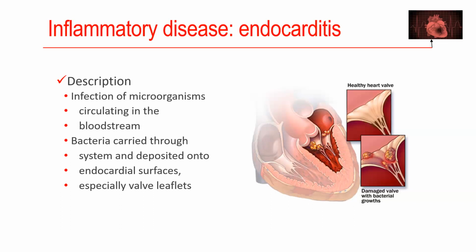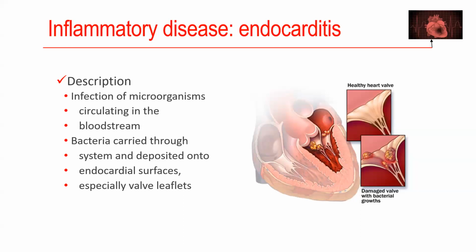So it's microorganisms that are circulating in the bloodstream and get deposited onto the endocardial surfaces and the valve leaflets. So endocardium is inside, that inside muscle, and particularly at the valve leaflets. And so that will actually damage your valve because of the bacterial growth. So again, it's an inflammatory disease, very often from infectious organisms.